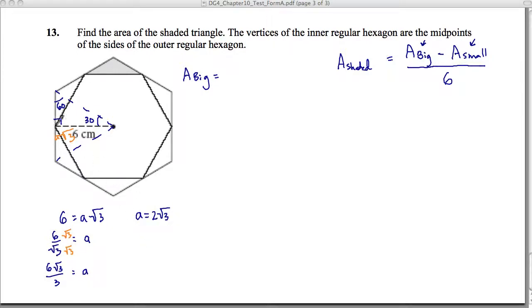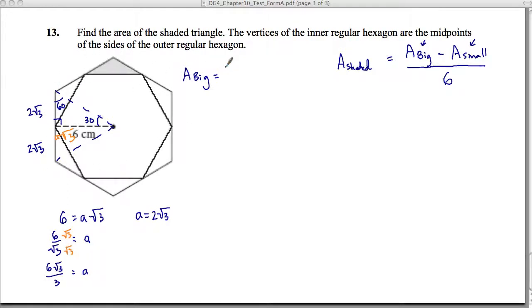All right, so what does that tell us? That tells us that this length is 2 square root 3, and this length is 2 square root 3. So this whole length here is 4 square root 3. So what's the area of that big hexagon?